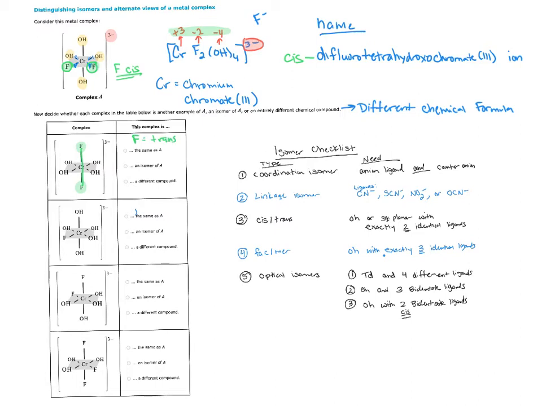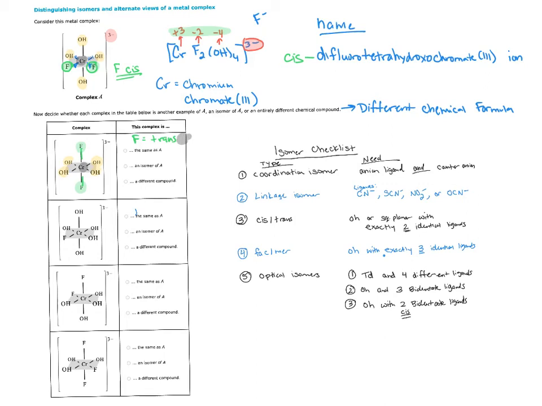I have 4 hydroxo ligands, just like in complex A, and I have the same chromium metal in the center. So I can see I have the same chemical formula as A. However, my fluoro ligands are trans from each other.